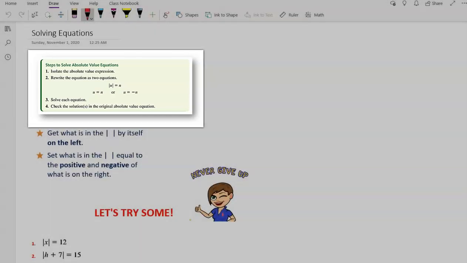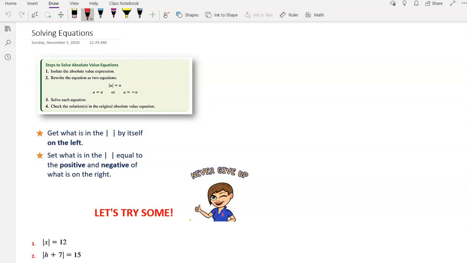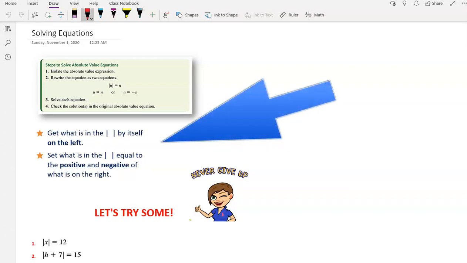Then you solve both sides, and then you can check your solution back into the original equation. So for a recap, we're going to get what is inside those bars by itself on the left. We have to isolate it. We can't have anything else with us, just the bars. Then we're going to take what is inside those bars and make it the positive and the negative of what is on the right.